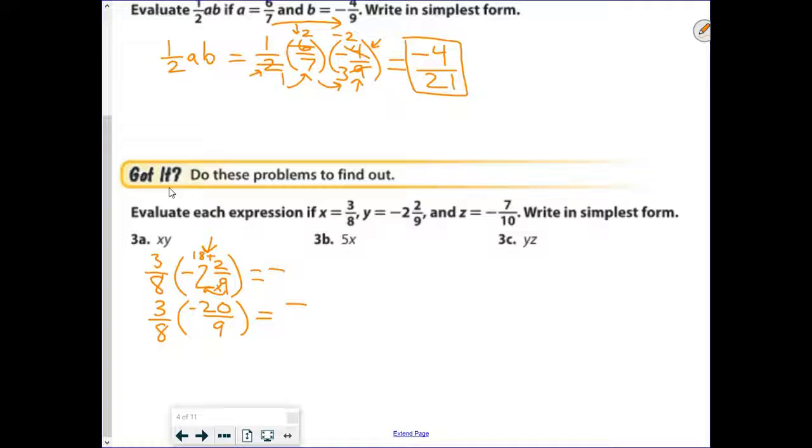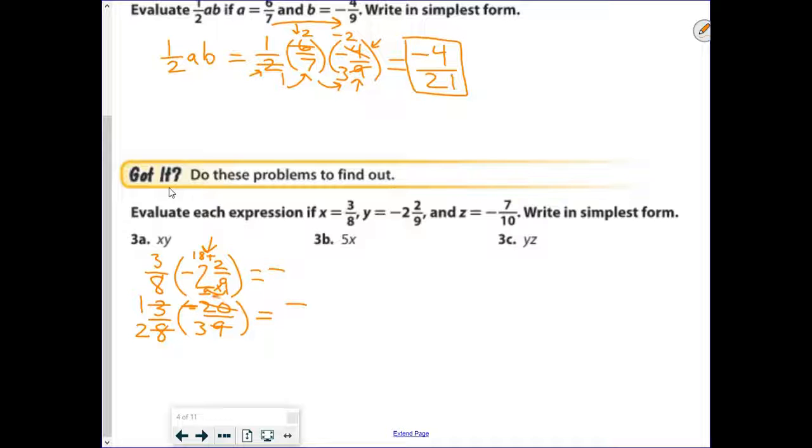I can again simplify some things. 3 and 9. 3 will divide equally into 3 and 9. So I'm going to make the 3 into a 1 and the 9 into a 3 by dividing them both by 3. Also, 8 and negative 20 are both divisible by 4. So 4 goes into 8 2 times, and 4 goes into negative 20 5 times.